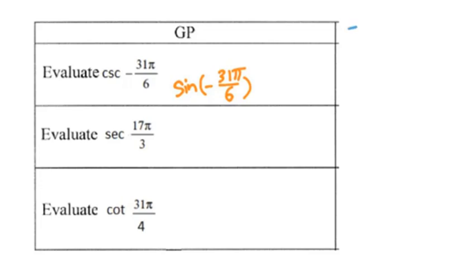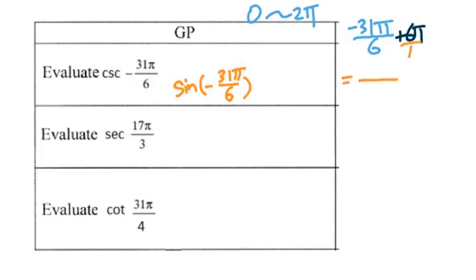For negative 31 pi over 6, 31 divided by 6, you will get 5 something. Therefore, you need to add 6 pi so that you can get a positive. Remember in your mind, we need to get from 0 to 2 pi. That's the coterminal angle we need to figure out.